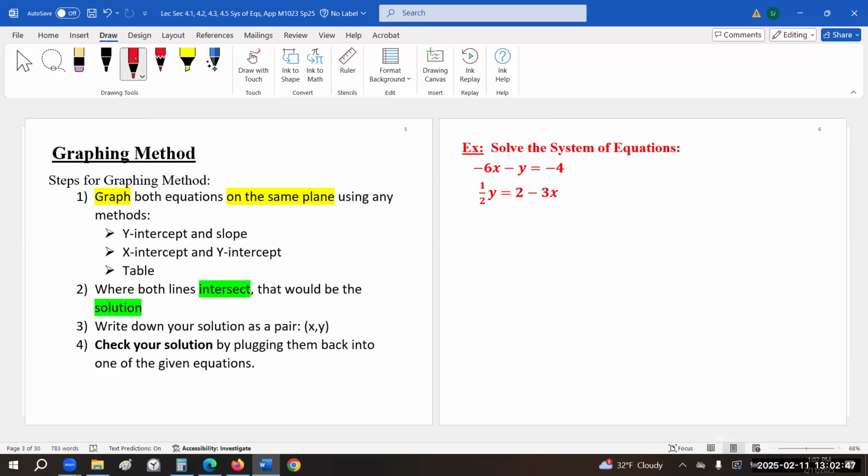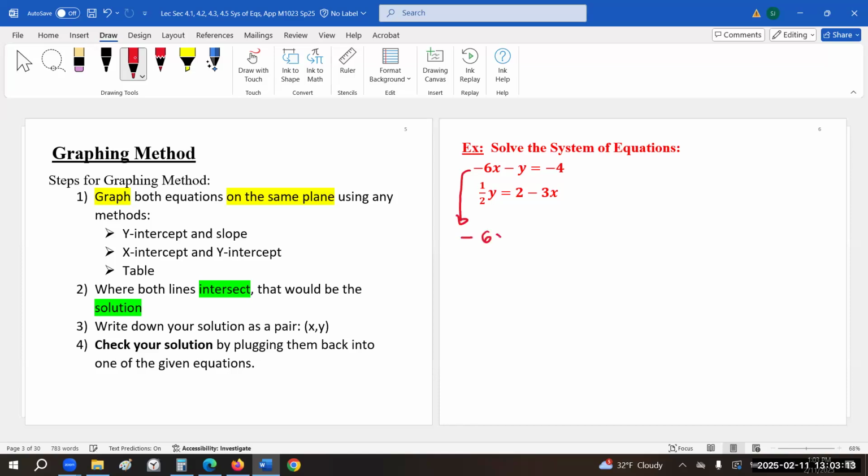If you use x and y-intercept, we'll bump into a fraction. For example, here, if you use x-intercept, we get 6, both sides divide, and then we get a fraction. We don't want to deal with fractions. So instead of using x and y-intercept, it's better to use y-intercept and the slope to graph. So let's do them individually.